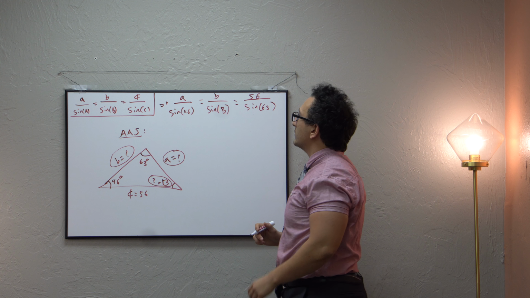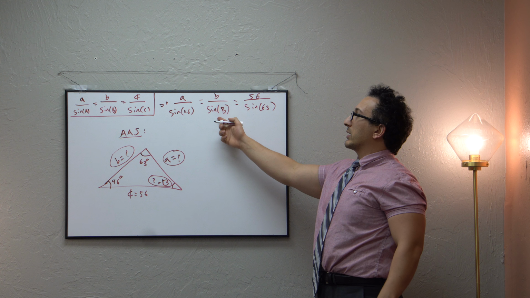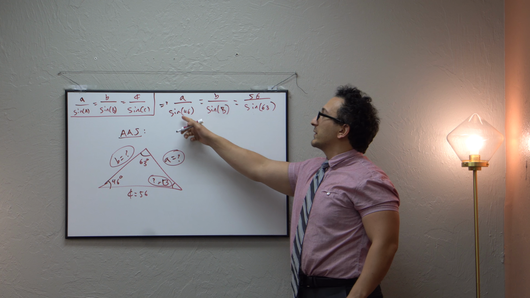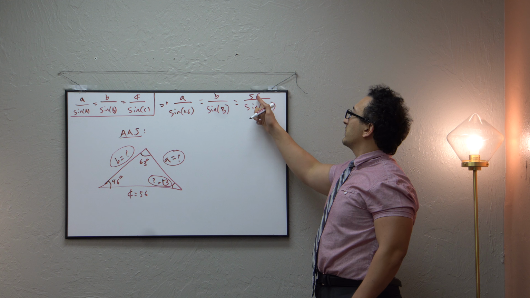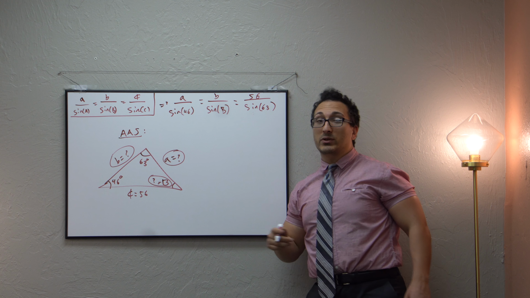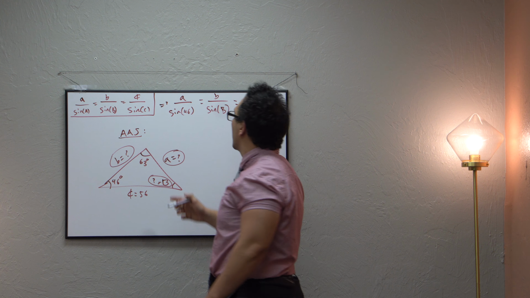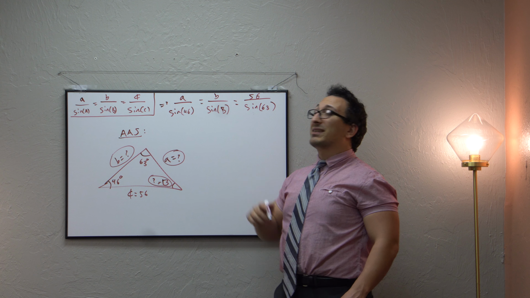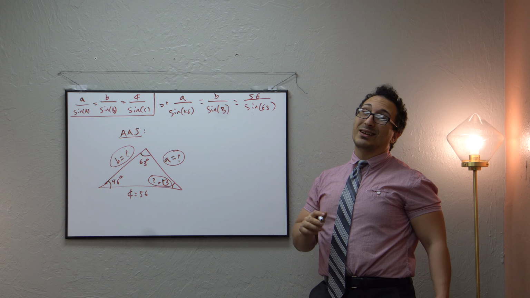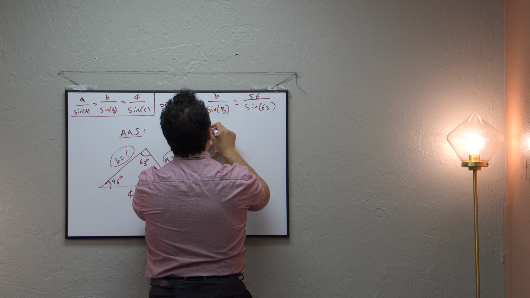This middle term is all unknown, but the other two terms have known quantities. Notice 56 is known, and sine of 63 is known when you plug it into your calculator. Sine of 46 is known as well, and just the little a is unknown. So I can set this piece equal to that piece and solve for the unknown little a.